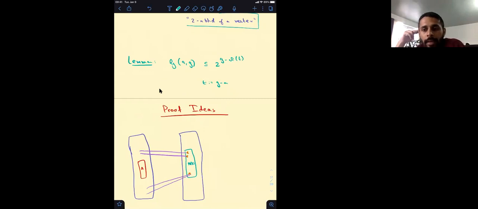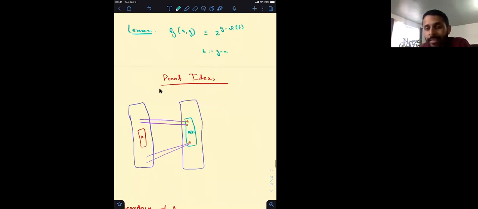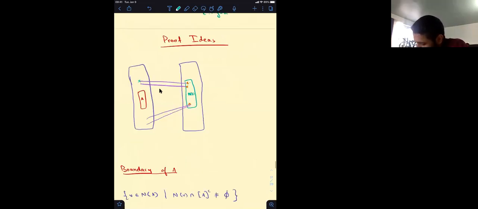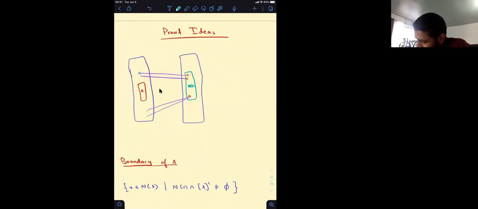Here is something that is involved in the proof: you have a set A and you have its neighborhood. Look at all the vertices of the neighborhood that see vertices outside A, that are connected to vertices outside A. This set is called the boundary of A. So all the sets in the neighborhood of A who see vertices outside A, or rather who see vertices outside the closure of A.